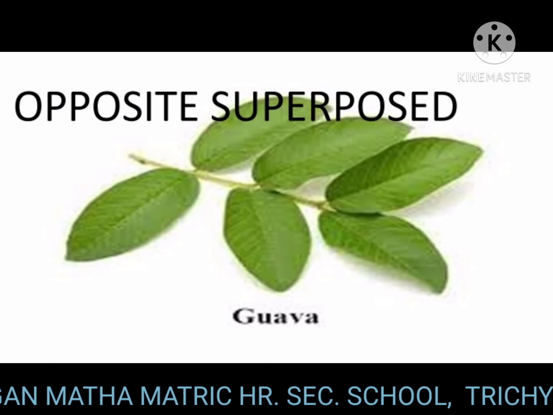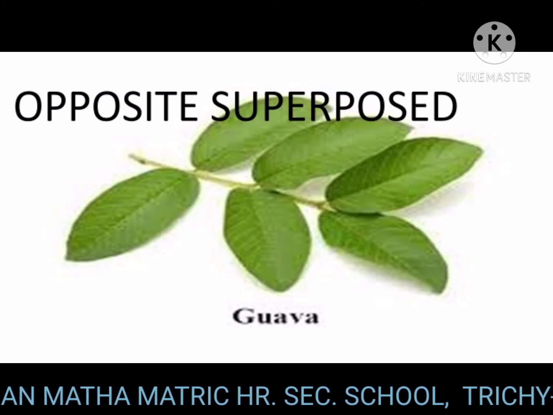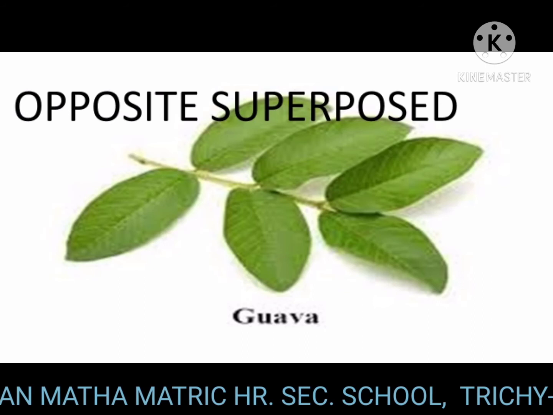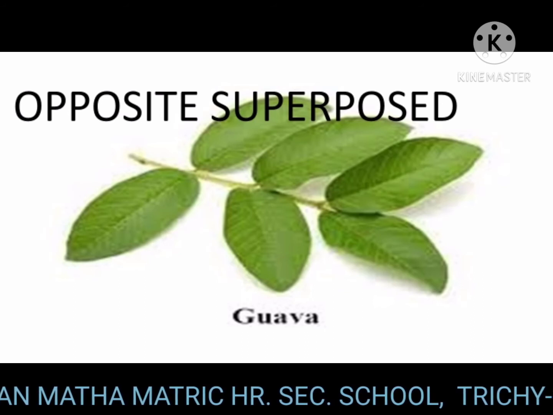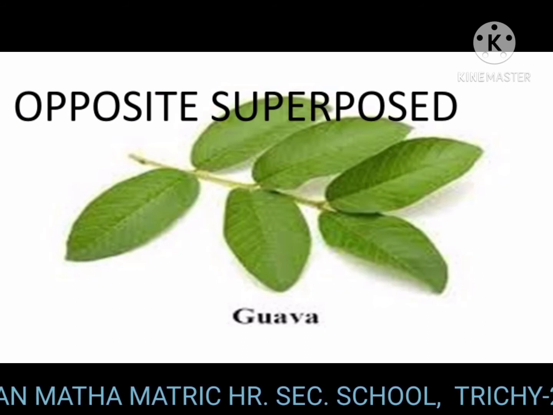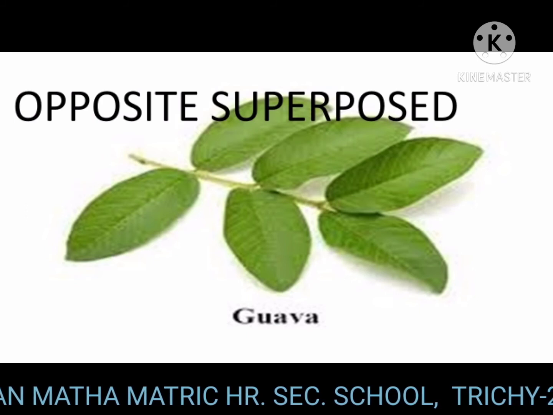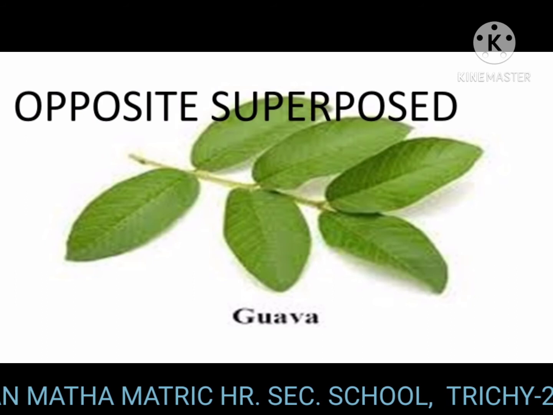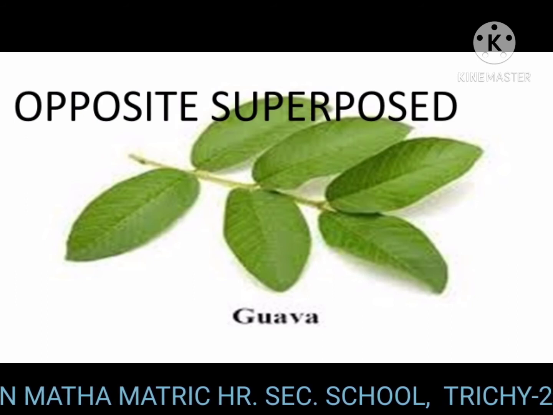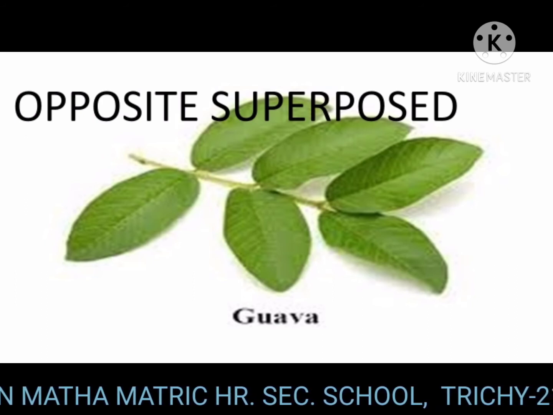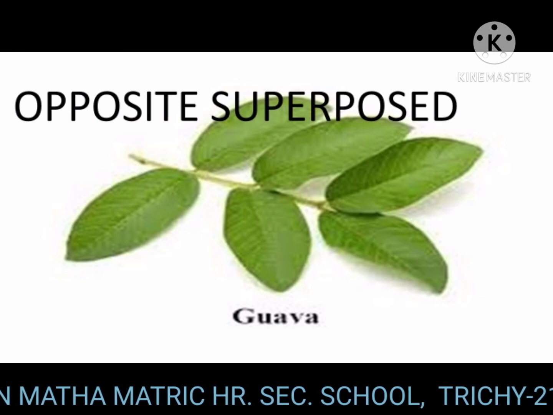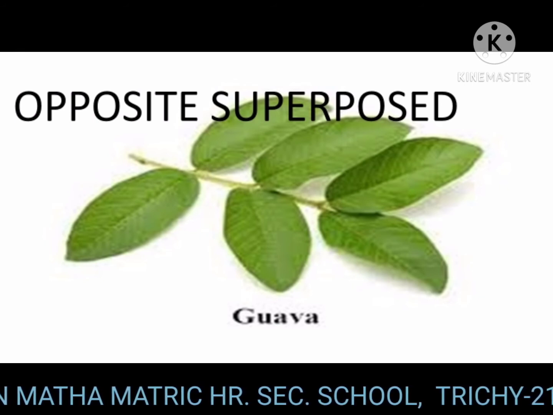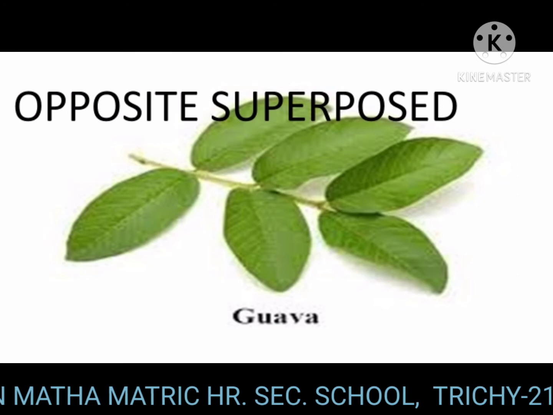Opposite PHYLLOTAXY. In this type, each node possesses two leaves opposite to each other. They are organized in two different types. Opposite superposed. The pair of leaves arranged in succession are in the same direction.